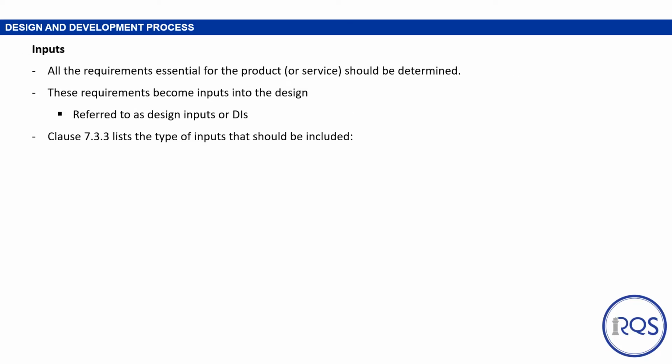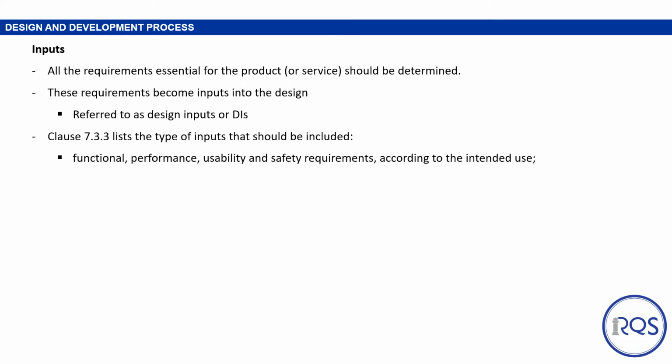The next phase is documenting design inputs. All the requirements essential to the product or service should be determined. These requirements become design inputs or DIs. Clause 7.3.3 lists the type of inputs that should be included.